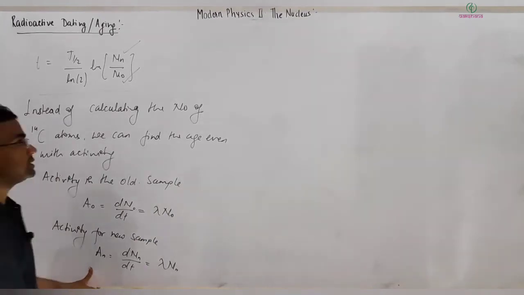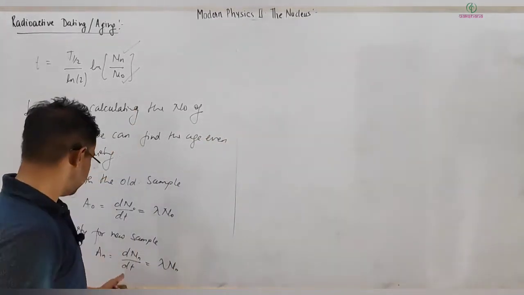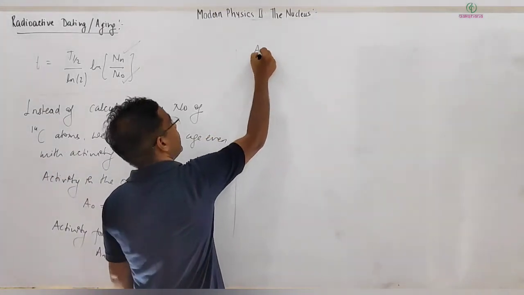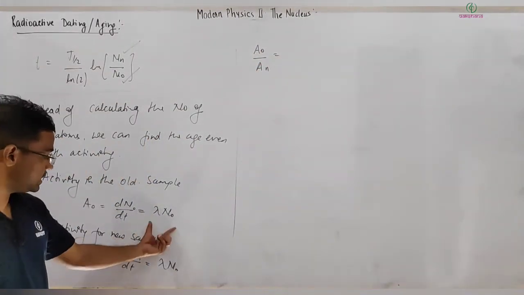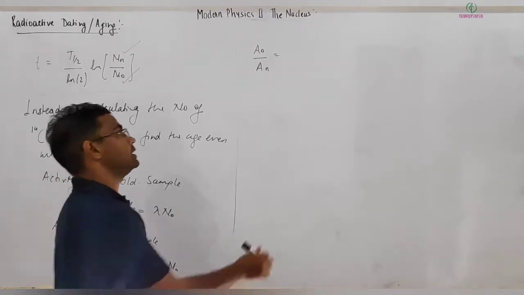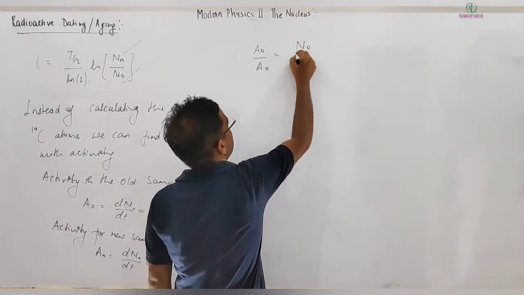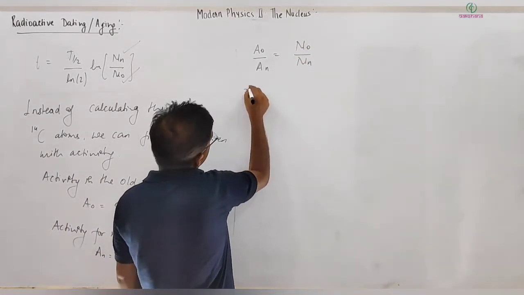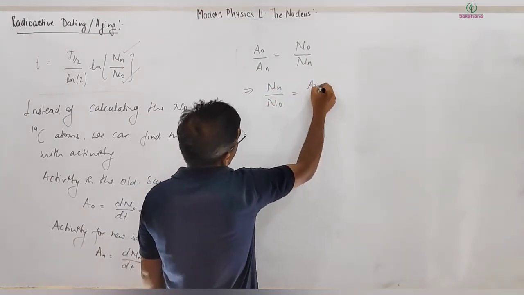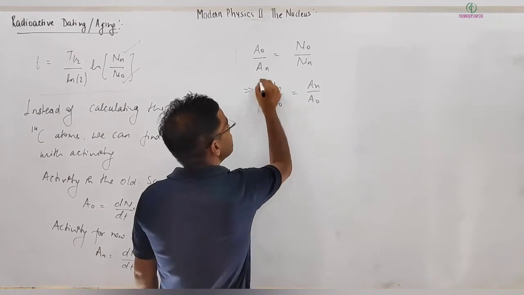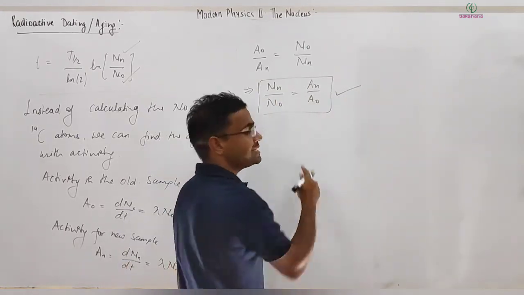From here I can simply divide and get A naught divided by A new. Lambda gets cancelled, and this comes out to be N naught divided by N new. So N by N naught is coming out to be A new divided by A naught. So this relation is exactly the same.